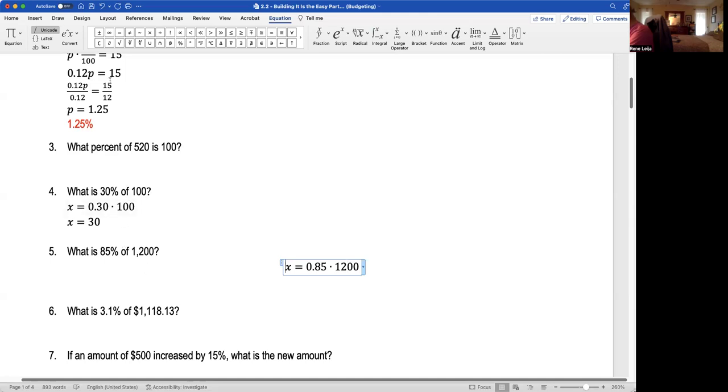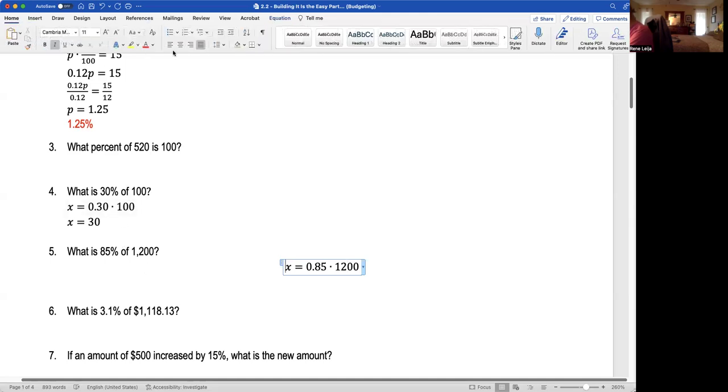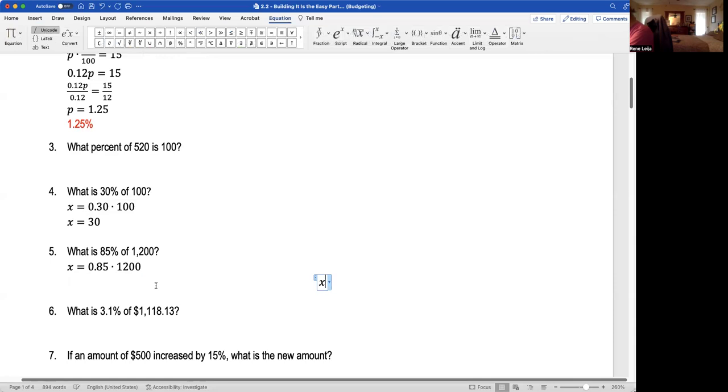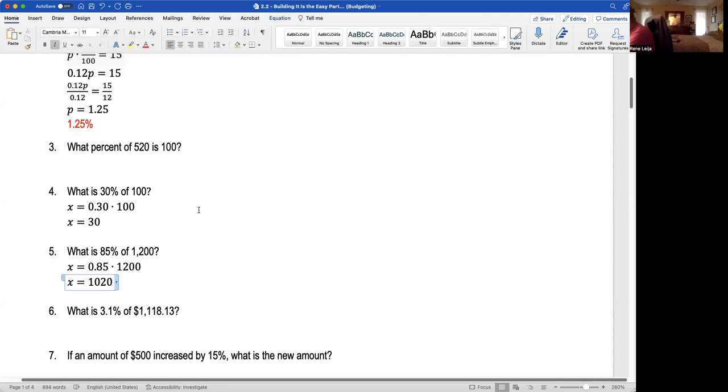So all I have to do is multiply these two numbers together. So 0.85 times 1200, and I got 1020. Okay.